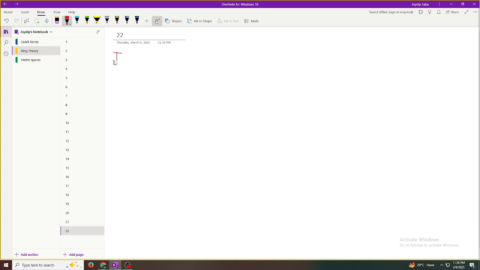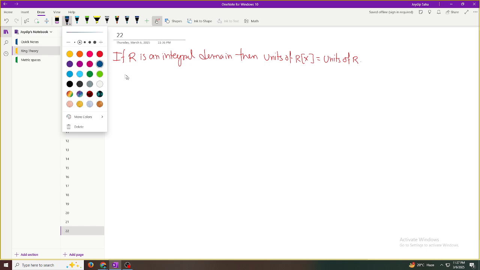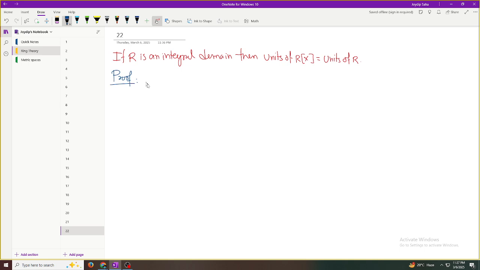If R is an integral domain, then units of R[x] equals units of R. Proof. It is obvious that units of R is a subset of units of R[x], because if a is a unit in R, then ab equals 1, therefore a is a unit also in R[x].